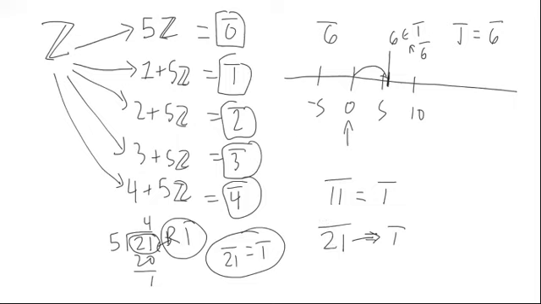Okay, this allows us to do some neat arithmetic here. For instance, we're partitioning the integers by multiples of 5. So this is notation for that.